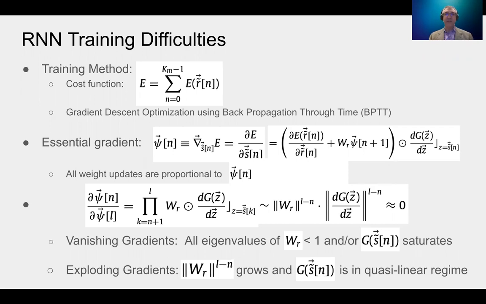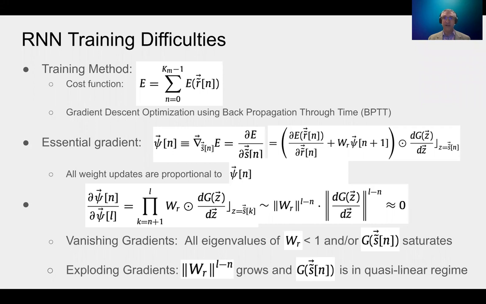This implies that if all eigenvalues of the weight matrix of the readout signal are within the unit circle, or if the warping nonlinearity reaches a rail, then the corrective gradient going backwards in the sequence will be attenuated. As the corrective gradient vanishes, the connection weights cease to learn.